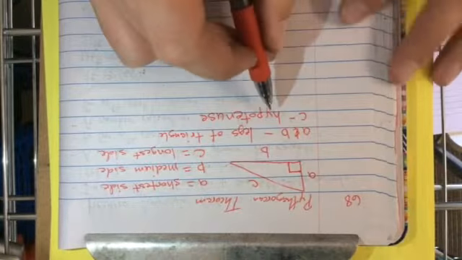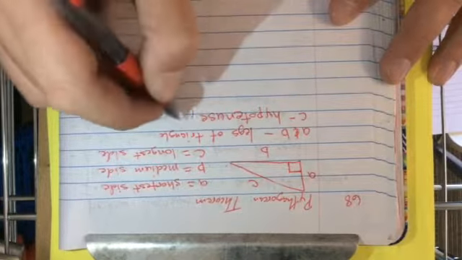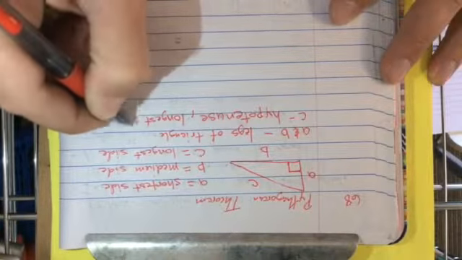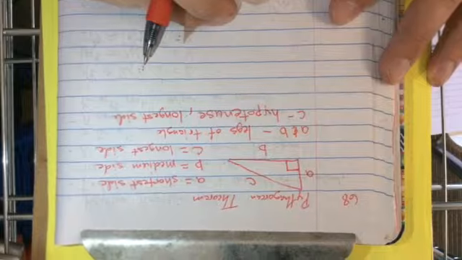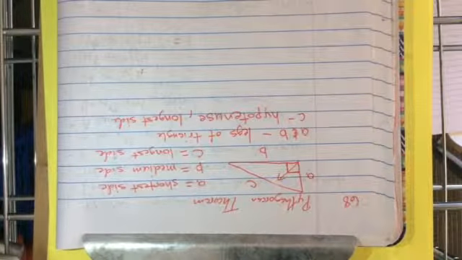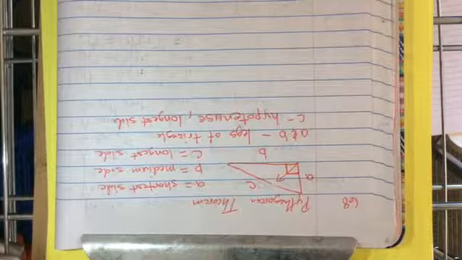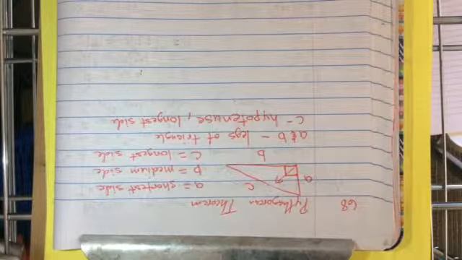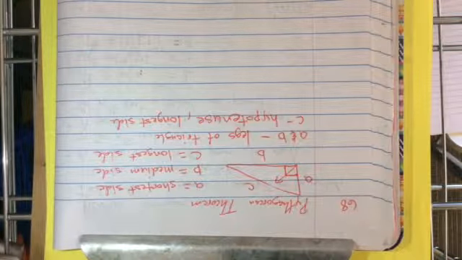The hypotenuse is the longest side. It is always the longest side. And it is across from the right angle. So it is the longest side across from the right angle, and C is what we call the hypotenuse.